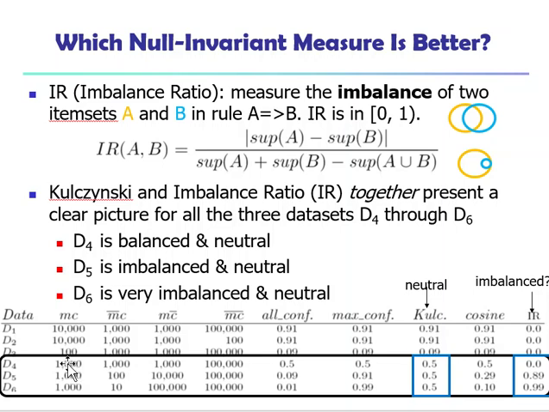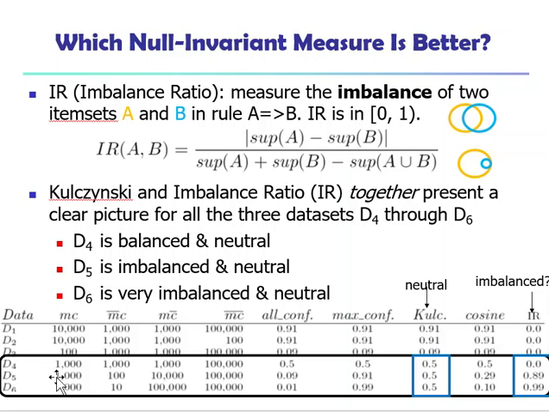Support of milk is buying milk, so this number and this number, 2,000. Support for coffee, again, is 1,000 plus 1,000, 2,000. Therefore, it's balanced. Okay. And D5, by the same calculation, we can see D5 is imbalanced.